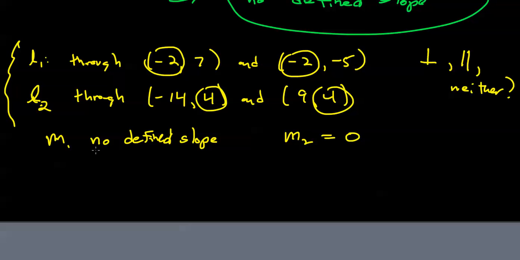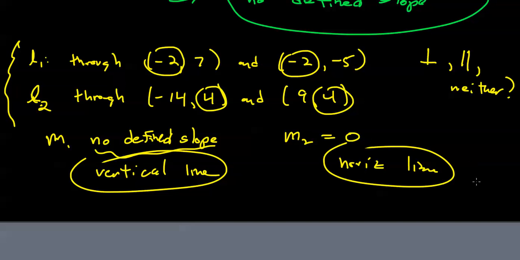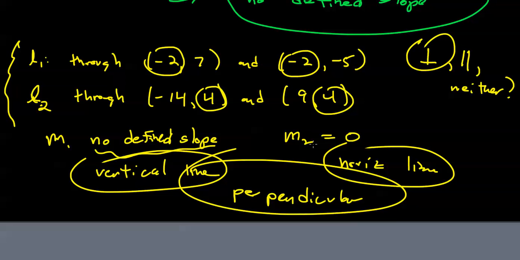Alright, so no defined slope means vertical line. 0 slope means horizontal line. And horizontal lines and vertical lines are by definition perpendicular, so your answer to this example should be the lines are perpendicular. Okay?